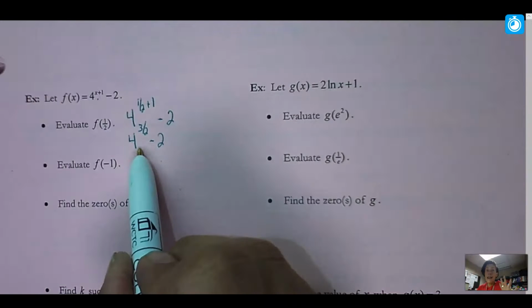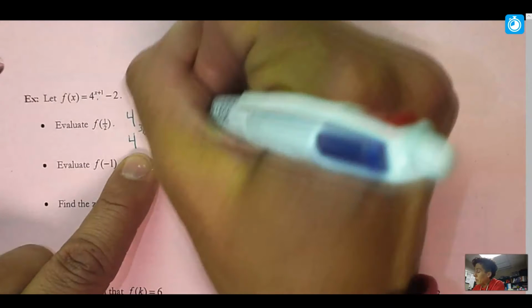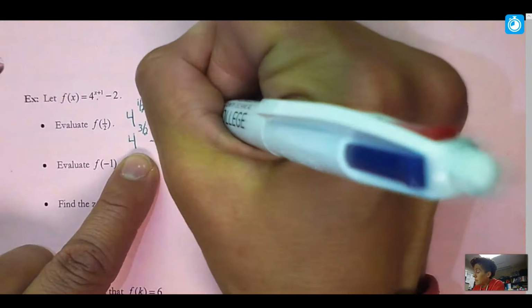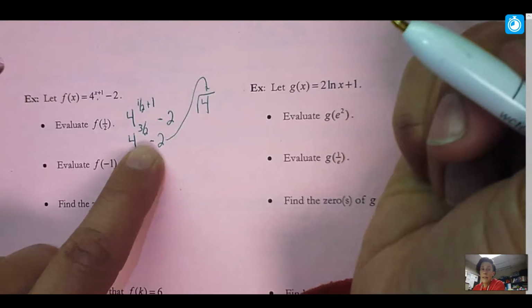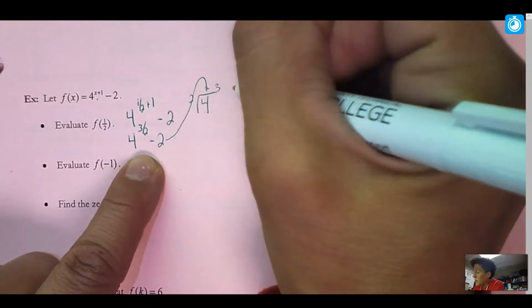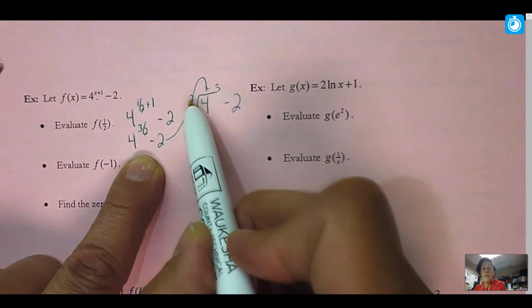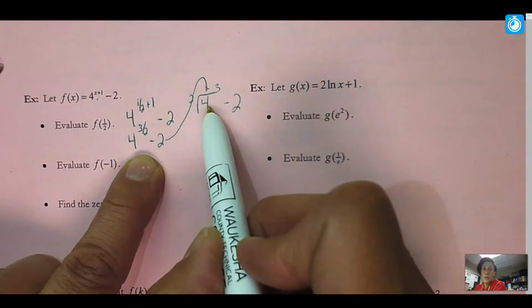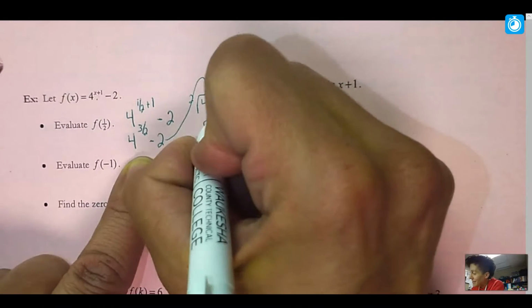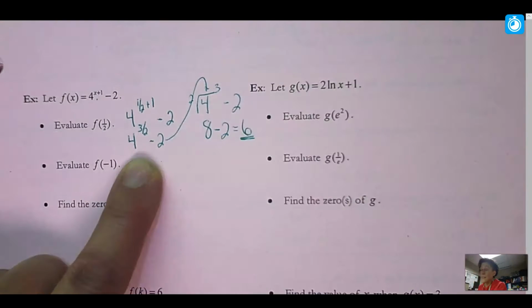And then this is just tying some things in from previous chapters. 4 to the 3/2, I hope you remember, you could write that as a radical. You could also type into calculator. And this 2 would become the square root, and the 3 would become the exponent with that minus 2. And what I can do is take the square root of 4, which is 2, and then 2 to the 3rd power is 8, and then subtract 2, and when I'm done, my final answer is 6.